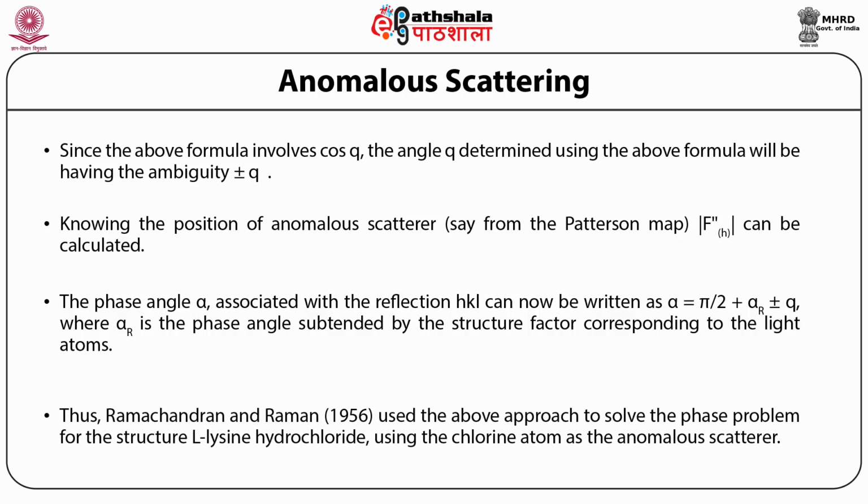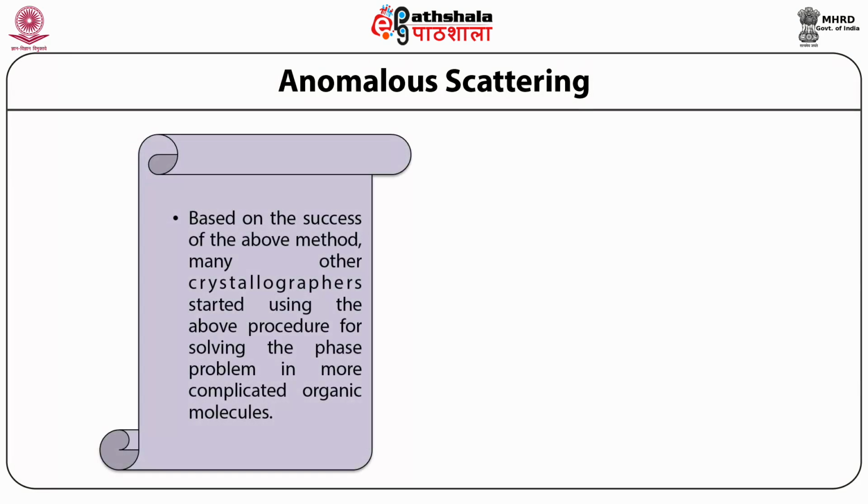Ramachandran and Raman in 1956, from the University of Madras, Crystallography and Biophysics Department, Chennai, used the above approach to solve the structure of L-lysine hydrochloride, and they used the chlorine atom as the anomalous scatterer. Based on the success of the above method, many other crystallographers started using the above procedure for solving the phase problem in more complicated organic molecules.